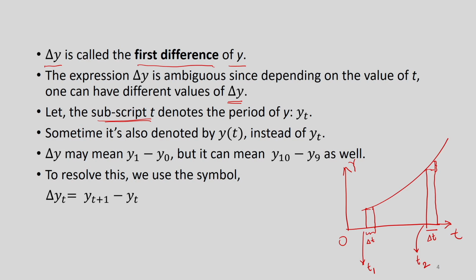So, to denote the t that we have in mind, we use this small subscript here. So, y subscript t will give us the reference point of time. Sometimes it is also denoted by y of t. So, instead of writing this, we can also write y which is dependent on t. Both of these things mean the same.